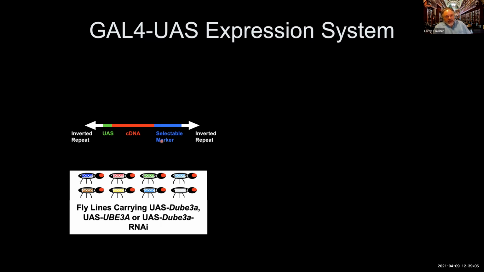When we do that and use a selectable marker, we end up with flies that have various DNA transposons inserted with the cDNA of interest, but they can be in different locations in the genome. In this case, we're talking about UAS Drosophila UB3A, UAS human UB3A, UAS UB3A RNAi. So we can make all these lines.